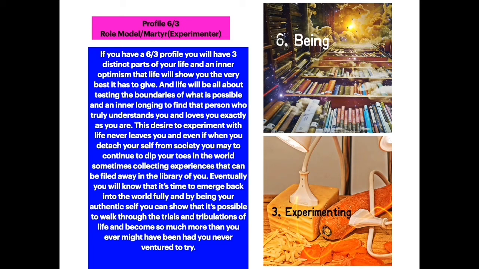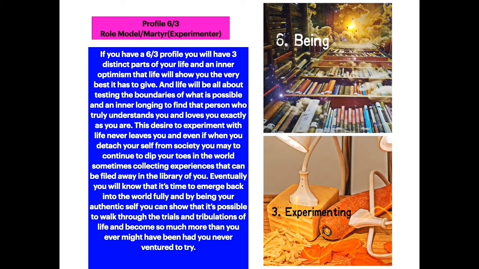But because of the experimental nature that still remains, because they're a 3rd line no matter what, even when the 6th line becomes the second part and goes into this integration phase, we're still having somebody who's continuing to experiment. And what happens is they go up on the roof and then they experiment with coming off the roof, and then they go back up on the roof and experiment with coming off the roof.